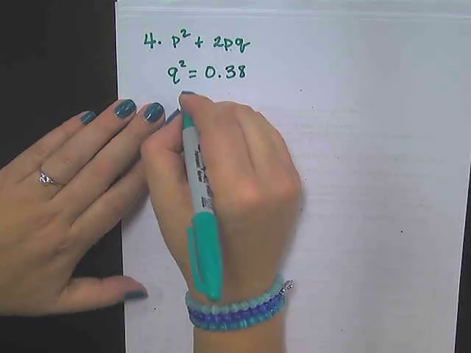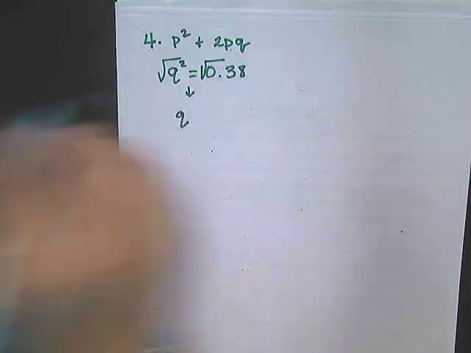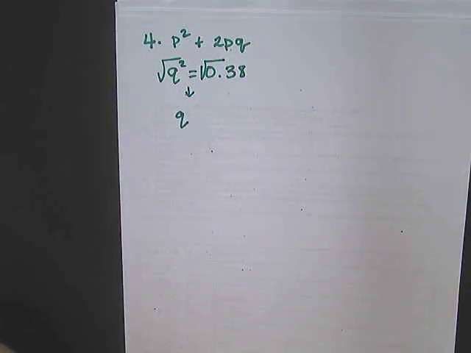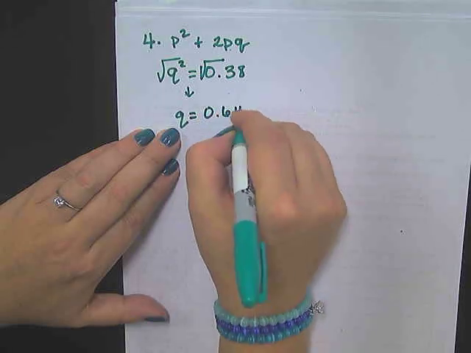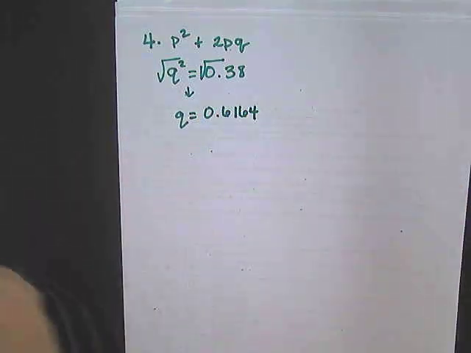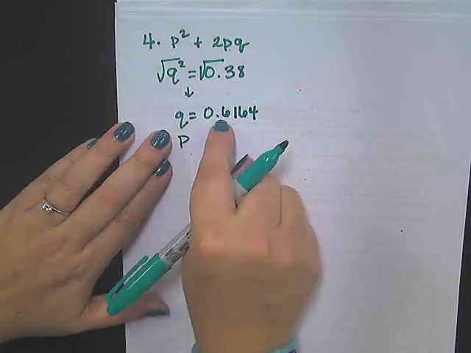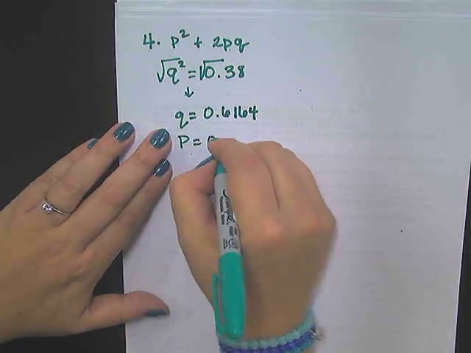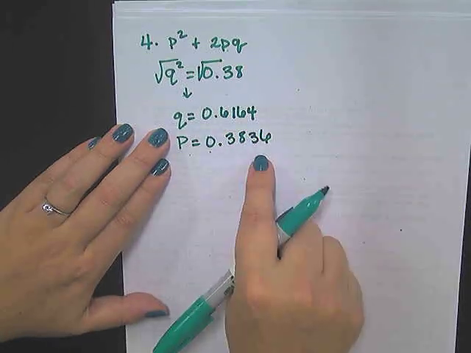So now I'm going to solve for q, and I'm going to do that by taking, again, the square root, and I get q is equal to 0.6164, which means I can plug it in and solve for p by subtracting this from 1, and I get 0.3836.